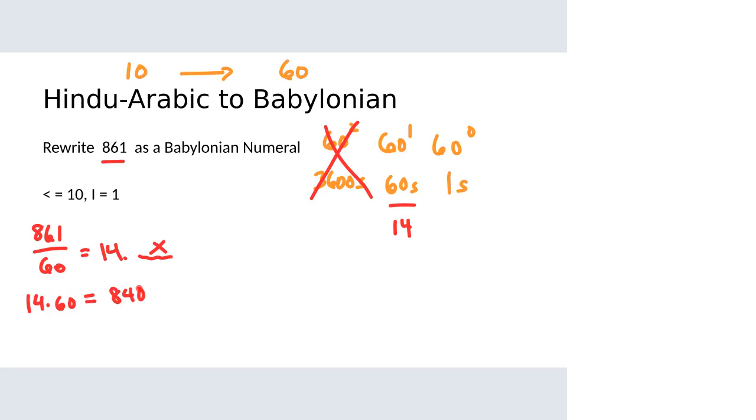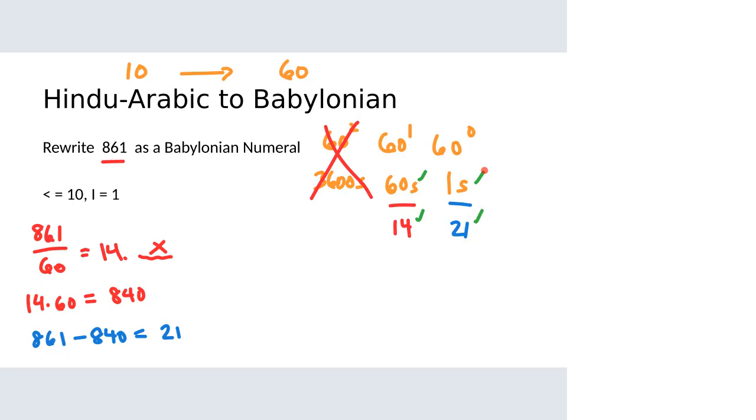Here, I need to do 14 times 60, and that's 840. The number I'm working with is 861. I've taken care of 840 of it, which leaves me with 21. The only other place value I have left is the ones, so I'm going to use 21 of them. So to rewrite 861, I'm going to use 14 60s and 21 ones.